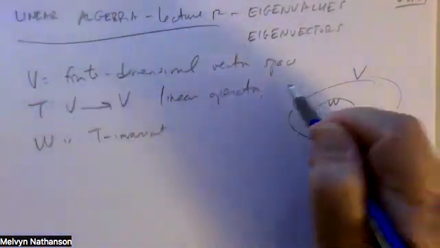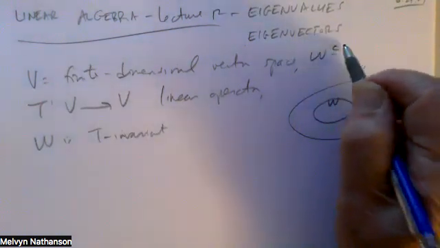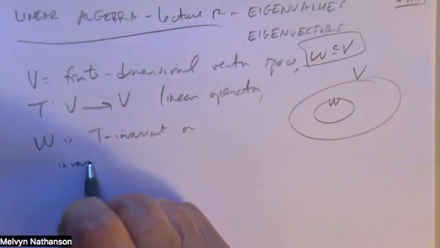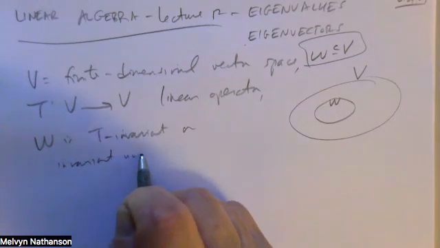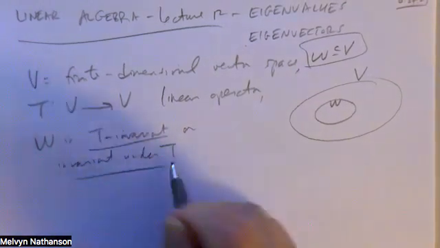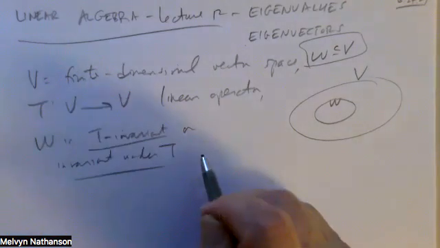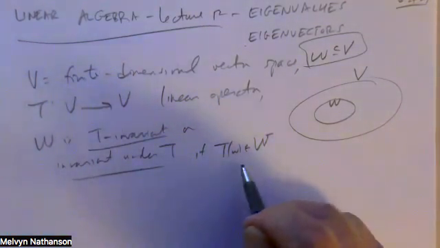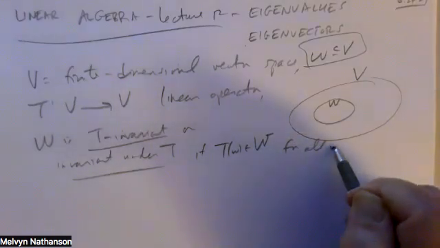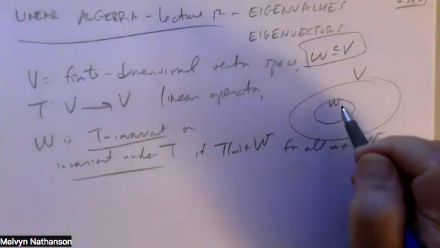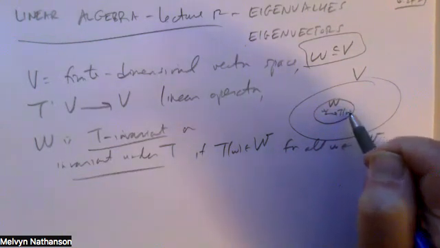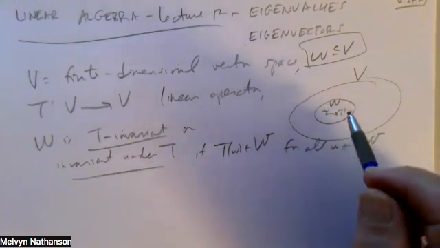Let's say W is a subset of V. W is T invariant or invariant under T. They mean the same thing if T of w is in the set W for all vectors w in the set W. So if you take any vector w in W, it gets mapped to something inside the same set.